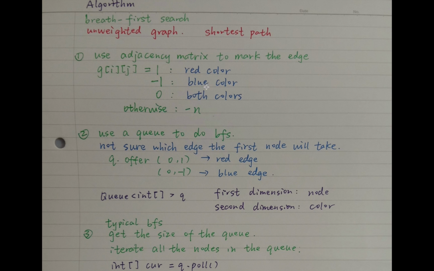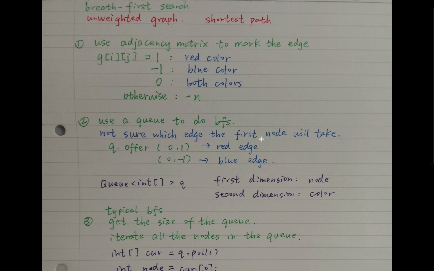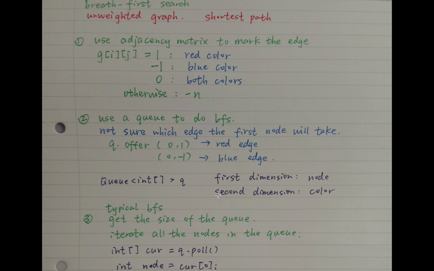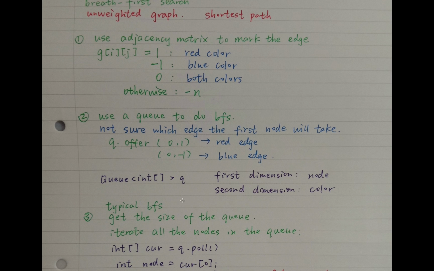If it only has a blue edge from i to j, we mark it -1. If it has both edges, we mark it 0. Otherwise, we just mark it as an alternative value. I use -n.